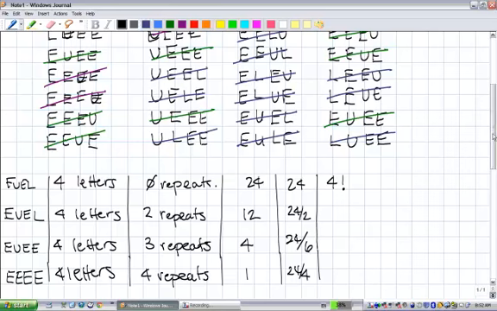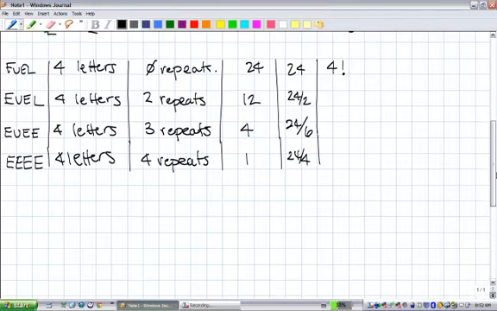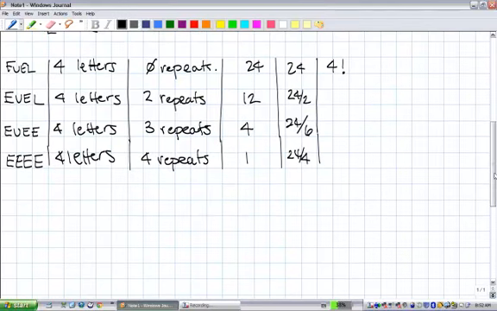Really what we want to look at here is this table, and we want to try and see some patterns. It's based off of 4 letters, 4 factorial for each of these, because that's what 24 is, and we are dividing by a specific number each time. If we take 4 factorial and divide it by 2 in this case, 6 in this case, and I've made a little error, we're dividing by not 4 here, we're dividing by 24.